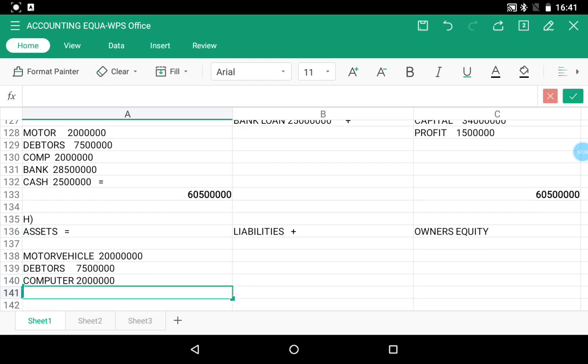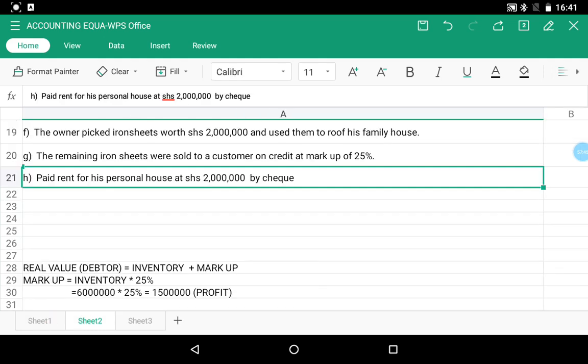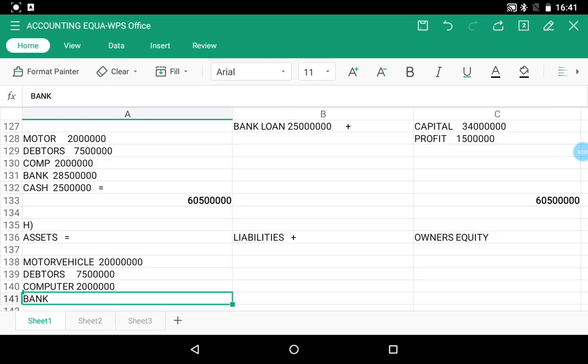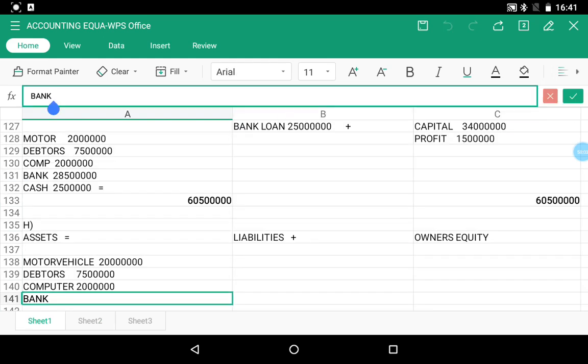Then we have bank. The money they used to pay rent for his personal house, 2 million by check, he withdrew from the bank. So we come to bank.